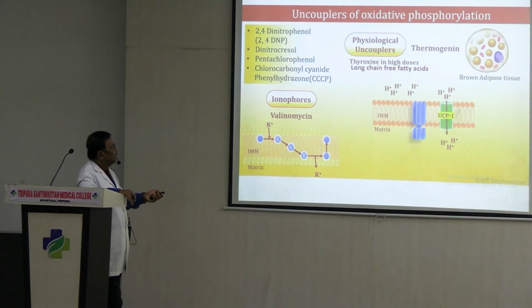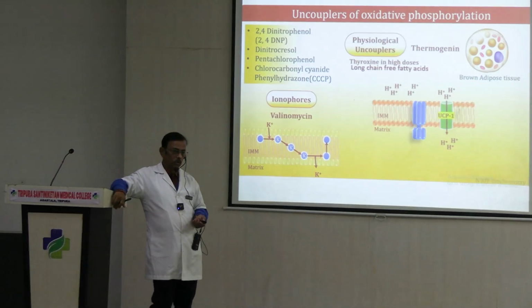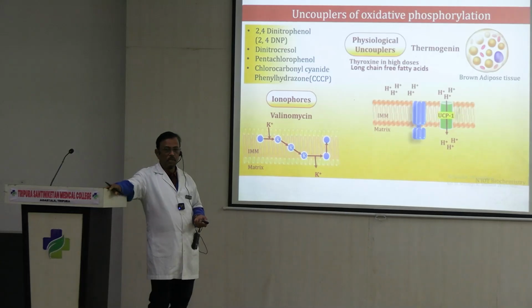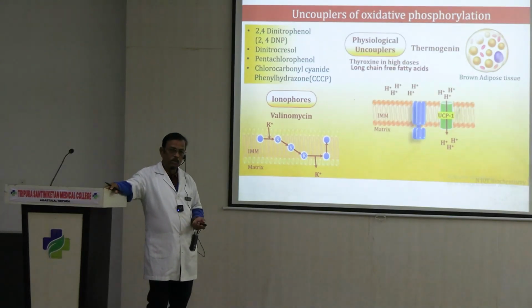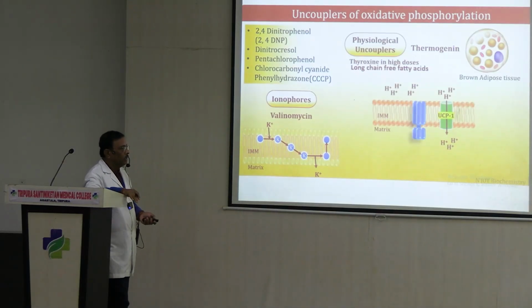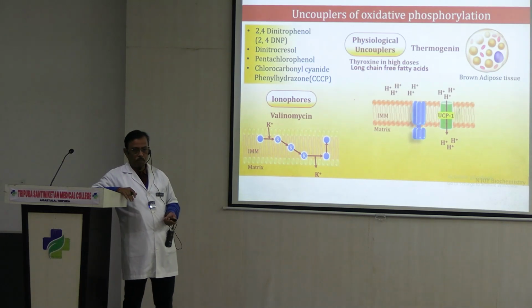Thermogenin is found in some adipose tissue called brown adipose tissue. It is present in hibernating animals, and in small children, where body temperature needs to be maintained.